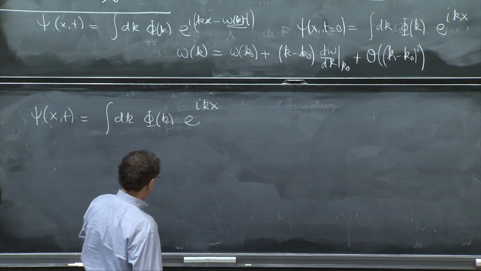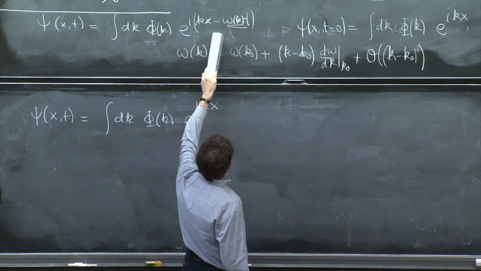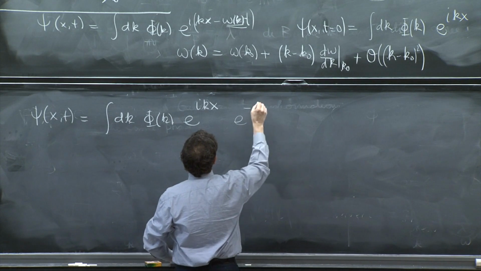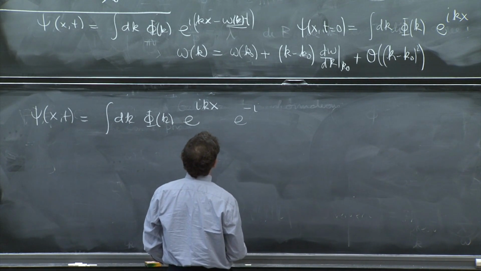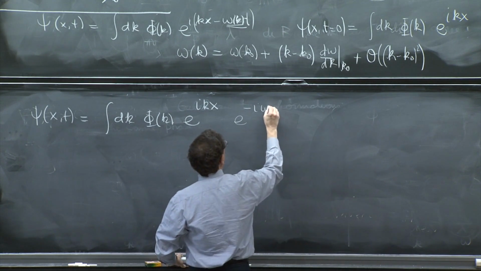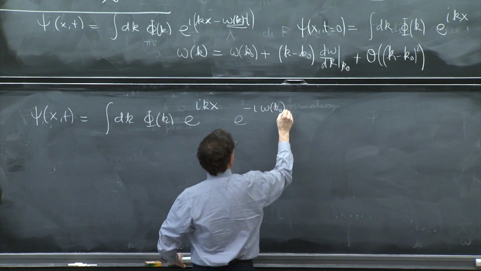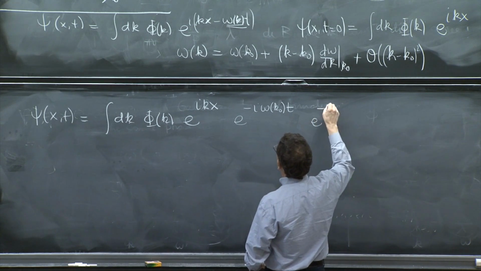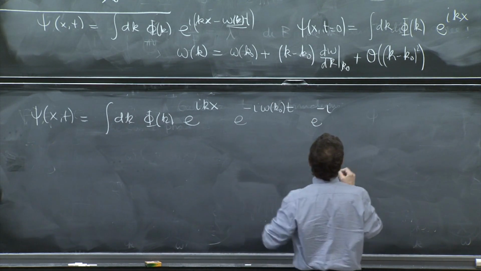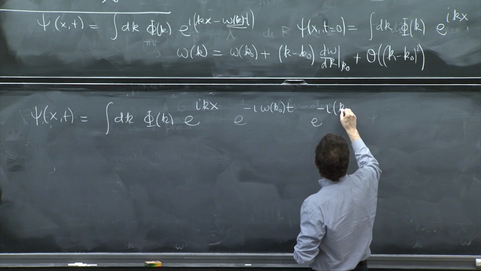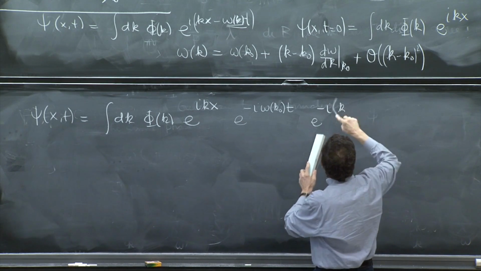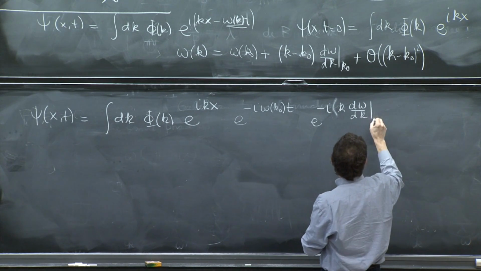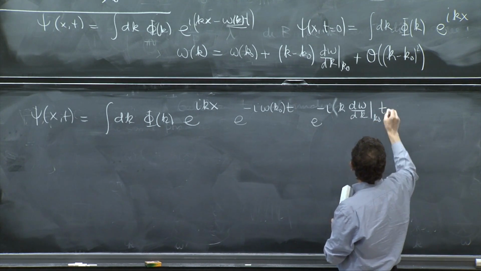I'll split the exponential so as to have this thing separate. E to the minus i omega of k times t. So I'll begin with omega of k naught times t, that's the first factor. E to the minus i, the second factor, k d omega dk at k naught times t.